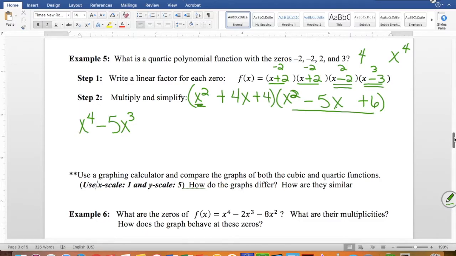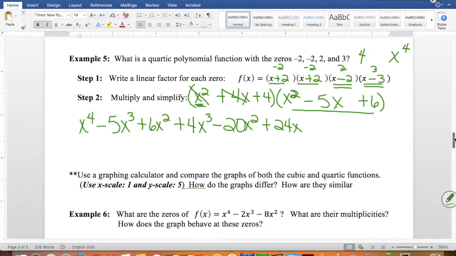X squared times +6 is +6x squared. All right, done with the first term. +4x times x squared becomes +4x cubed. +4x times -5x becomes -20x squared. And then +4x times +6, +24x. Done with the second term.